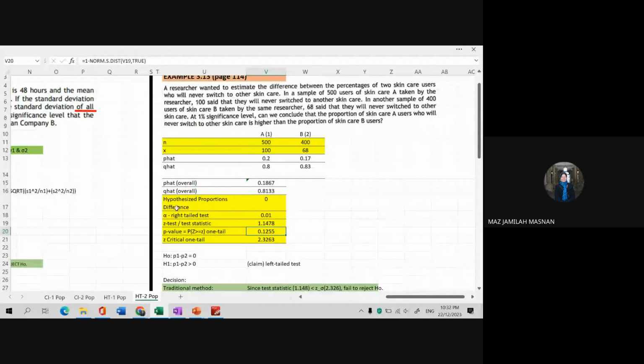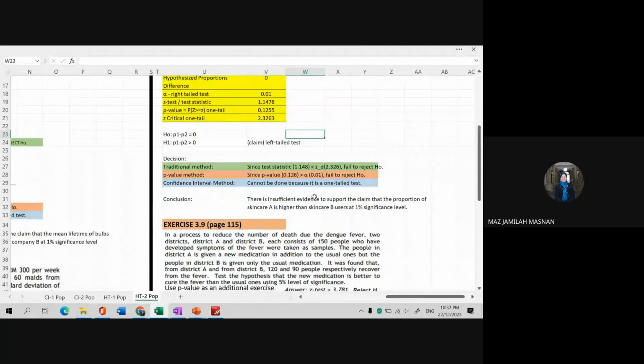When you fail to reject null, the claim is at the alternative, but our evidence is insufficient to support it. So there is insufficient evidence to support the claim that the proportion of skincare A users is higher than skincare B users at 1% significance level.